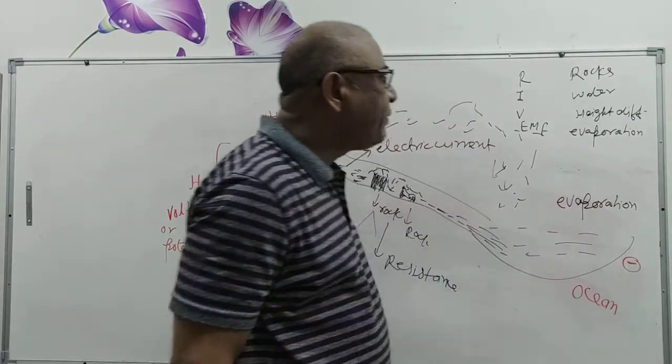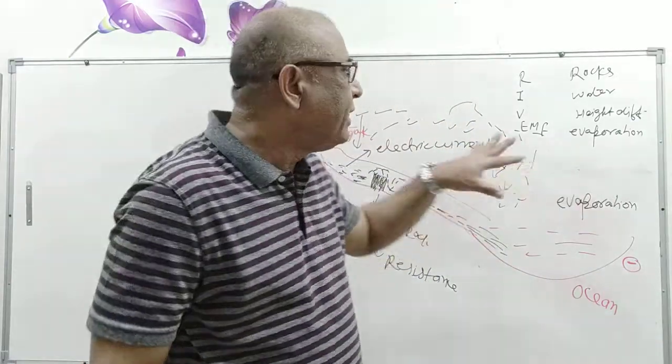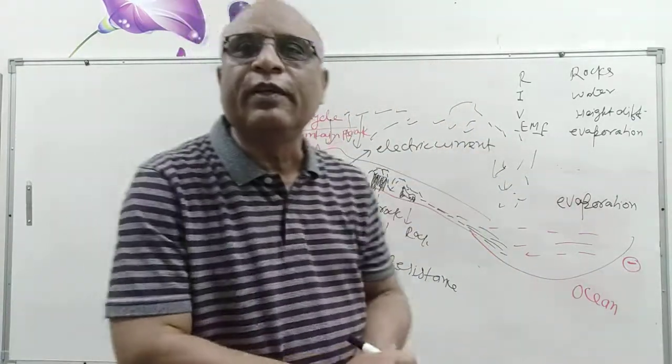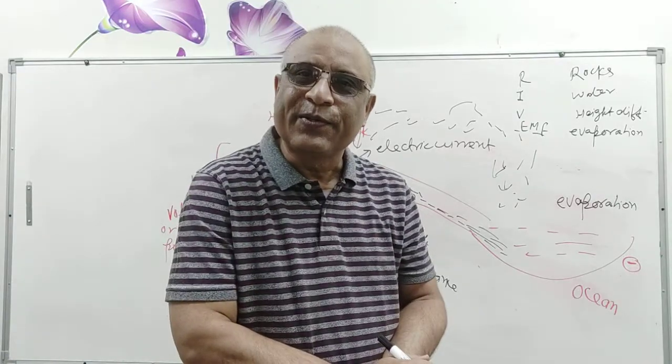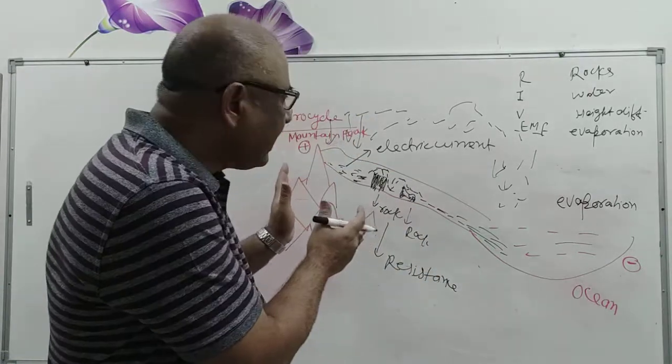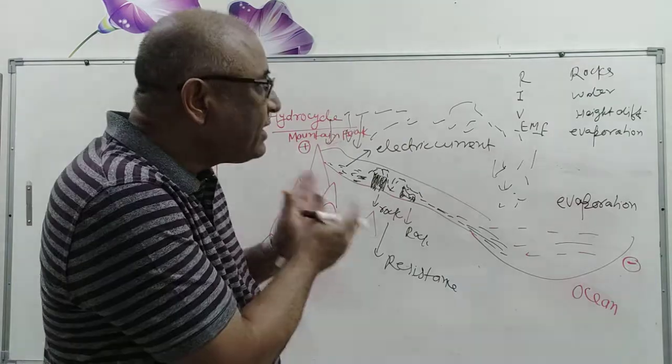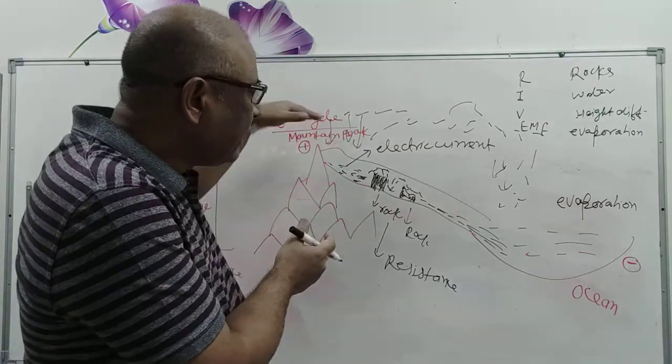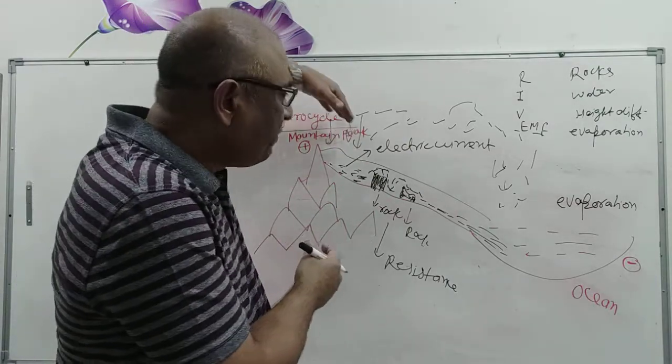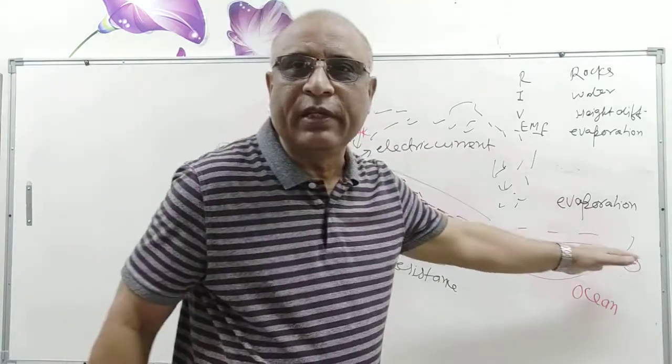The sun is responsible for the evaporation. In the same way, the cell is responsible for the EMF. So you can understand very easily how current flows from high to lower potential.